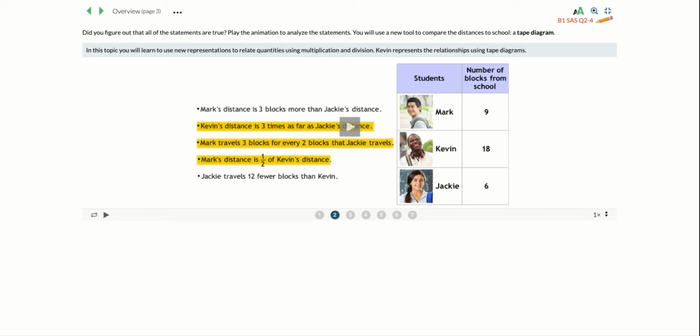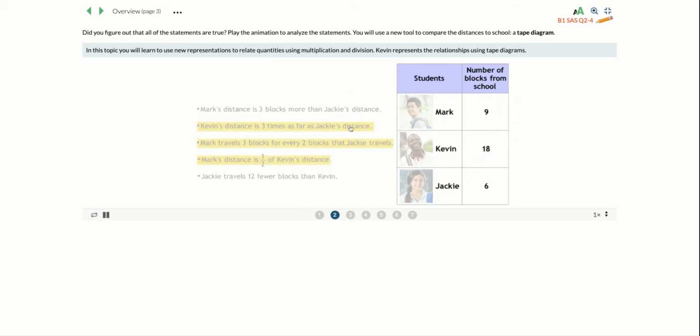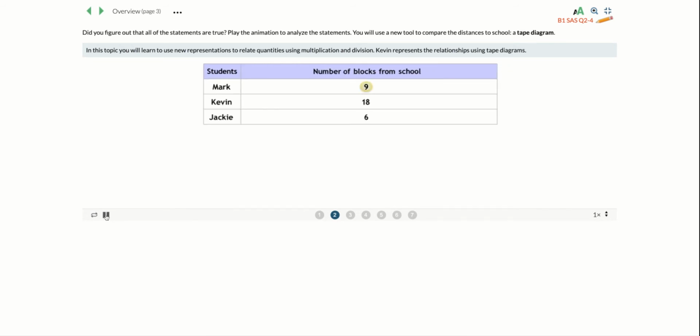So we're going to represent the data in the table using a tape diagram. Let's see what that looks like. To create a tape diagram, we're going to break apart the total number of blocks from the school into actual squares.